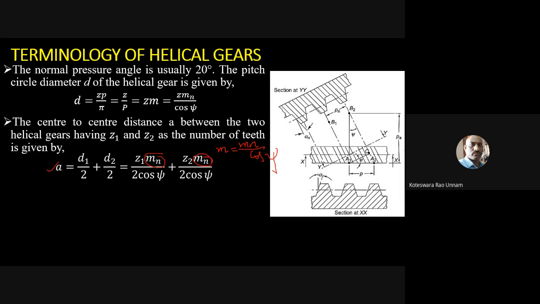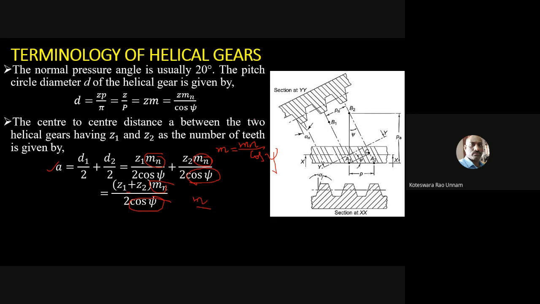But because the helix angle comes into the picture, here you need to take cos psi also into the formula. In case of spur gear, you don't have this one. You need to replace this mn by m only. The equation remains the same, but instead of m, we are replacing m by mn by cos phi.